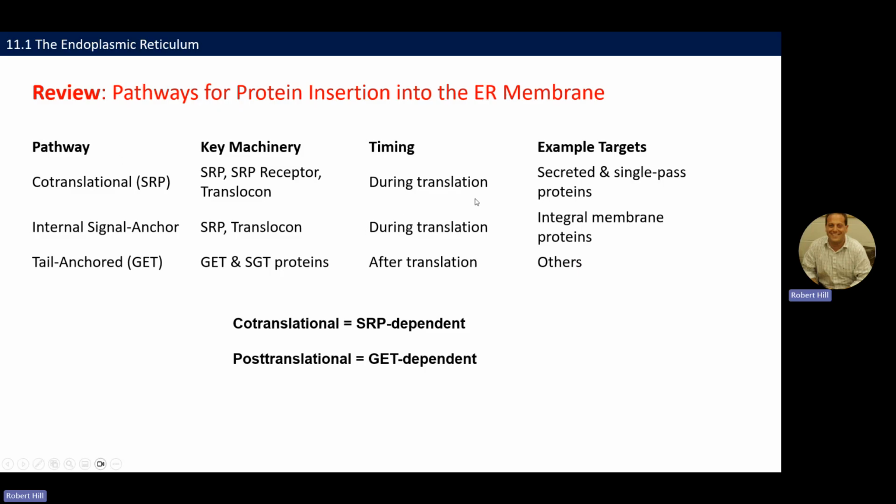Both of these occur during translation, right? They're co-translational. But the tail-anchored pathway occurs after translation. Co-translational targeting requires the translocon and the signal recognition particle, and of course the SRP receptor if it requires an SRP. And post-translational targeting requires the GET proteins.